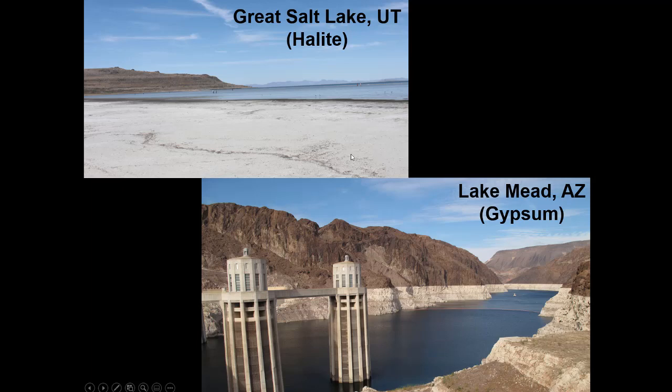You can also see this forming in Lake Mead in Arizona. So this is the part of the Hoover Dam. The rest of the dam is over here, and it's right at the border between Nevada and Arizona, and it creates a very large reservoir behind the dam. This white line is often referred to as a bathtub ring on Lake Mead.